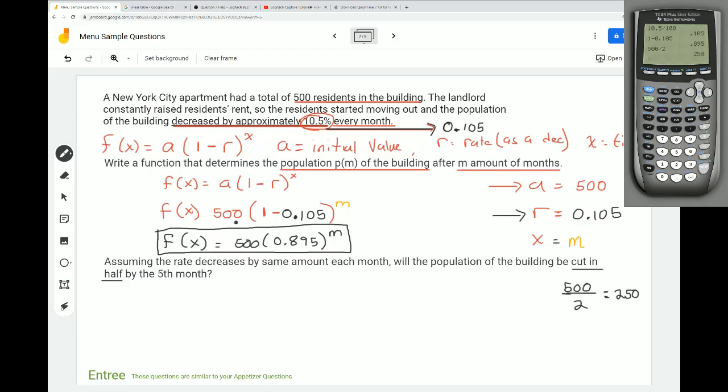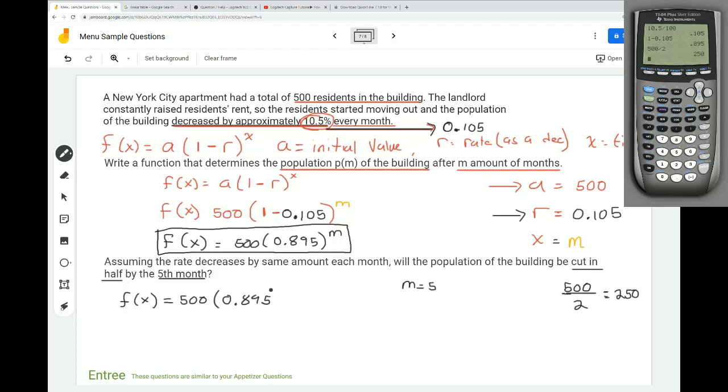How do I figure this out? Well, we know that months is represented by m, and we're trying to find the 5th month. So m is equal to 5, and we're just going to reuse that function that we just created. So the function of x is equal to 500 times 0.895.